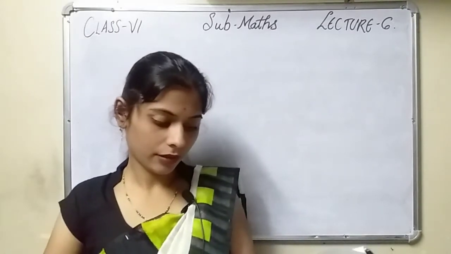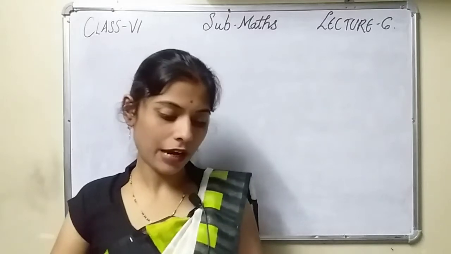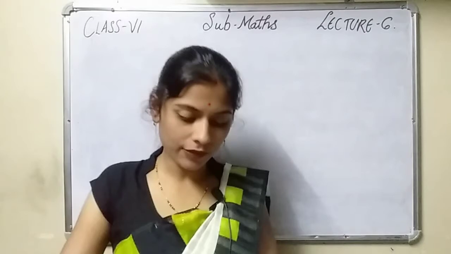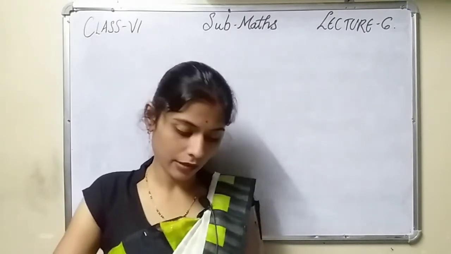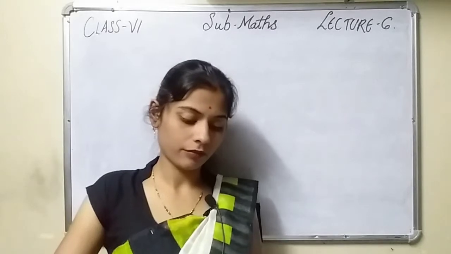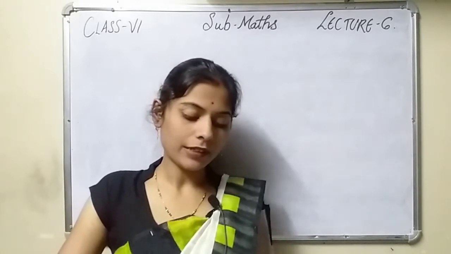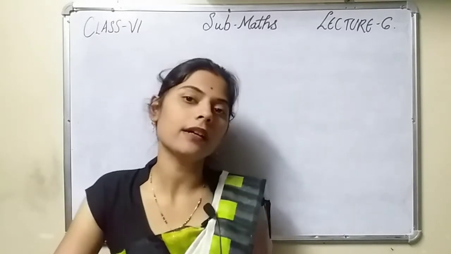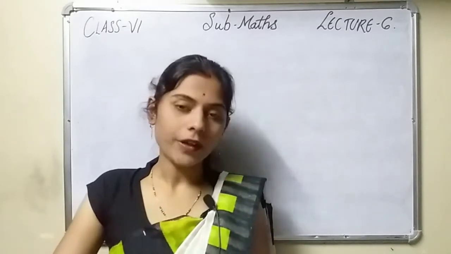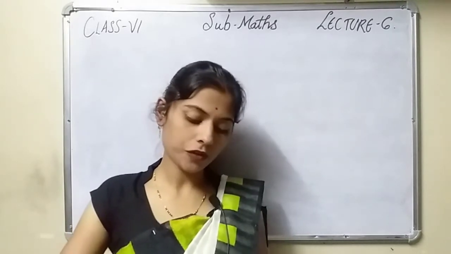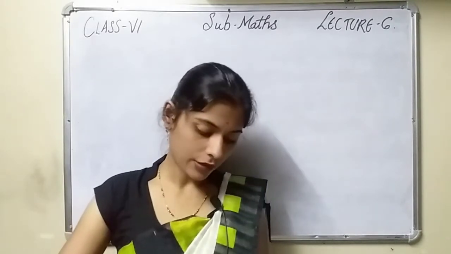And in breadth, how much do you have to cut from here? 1 cm from the breadth, means the breadth is given here as 21 cm, so it will become 20 cm. Now see, the rectangular sheet of 28 into 20 centimeter is to be cut into squares. Now you have to find the HCF of 28 and 20. There you got 4 centimeter. The sides of the square pieces of paper are 4 centimeter each.